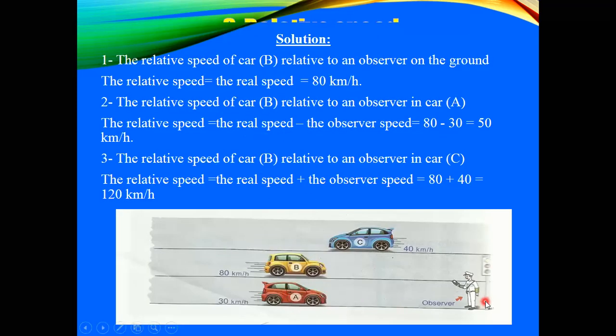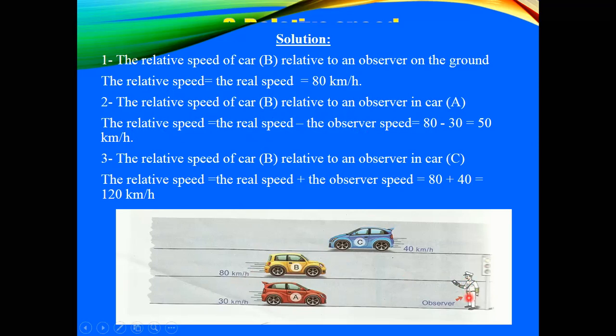Case number one, if the observer is standing on the ground, its speed is equal to zero. Let's go to the rule. All the time, the relative speed equals the real speed minus the observer speed. هنا real speed 80 kilometers per hour. طب observer speed, this one doesn't move.